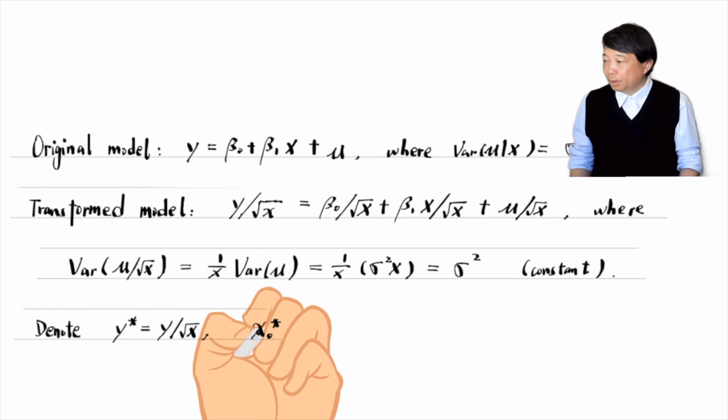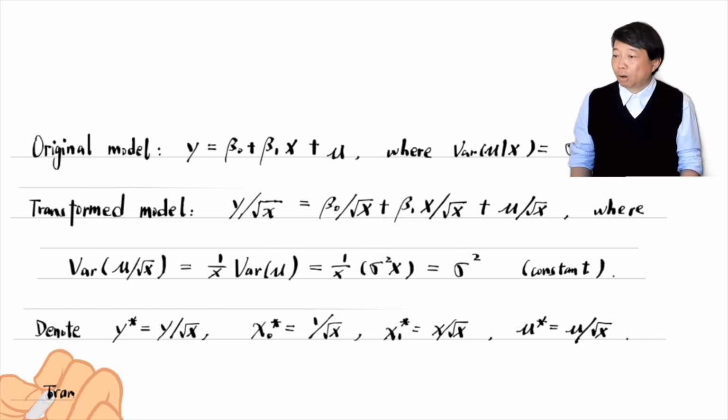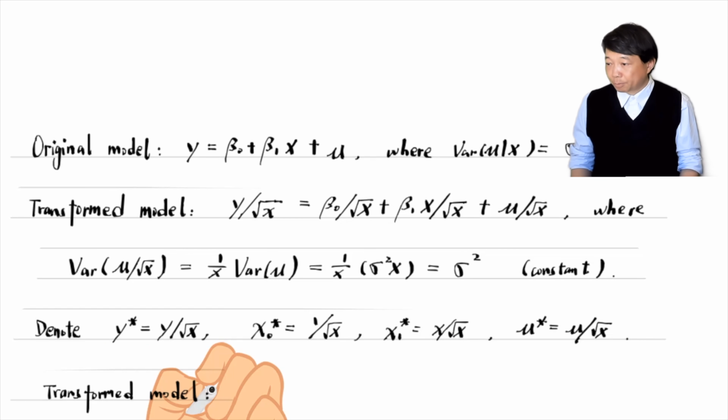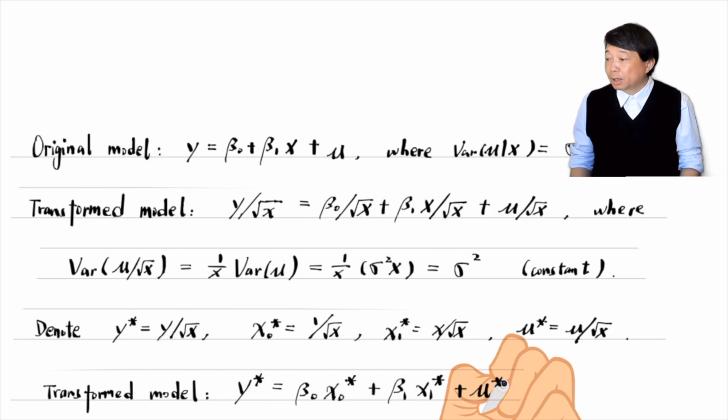We regress the transformed outcome variable, y star, on the transformed intercept, x0 star, and the transformed explanatory variable, x1 star, using OLS without an intercept. We obtain the weighted least squares estimates. They are consistent estimates of the population parameters and have the smallest variance.